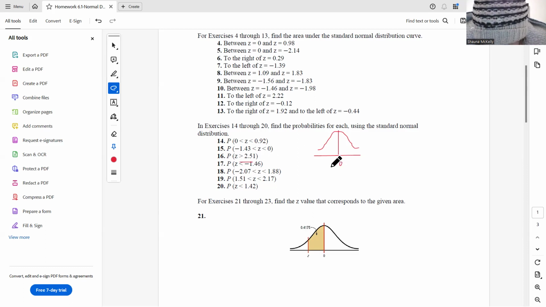Negative 2.51 is going to be somewhere here, let's say right there. That's going to be negative 2.51. So now Z here is going to equal negative 2.51.